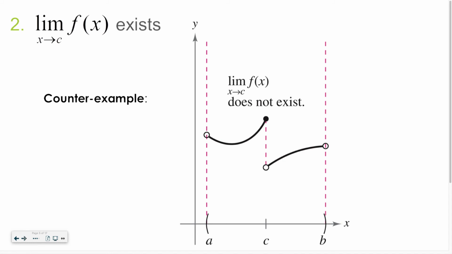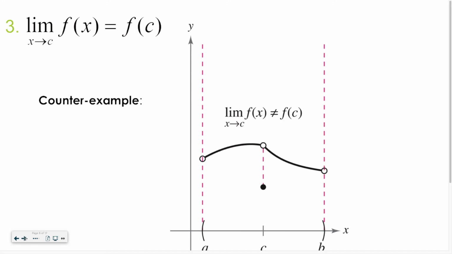Our limit doesn't exist here at c, so we're not continuous. That looks like a break. Here the limit exists and we have a function value, but they are not the same, so we're discontinuous. All three things have to match up in order for us to have a nice, smooth, continuous curve.